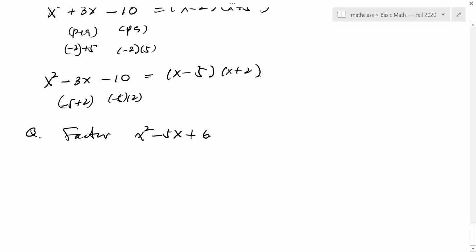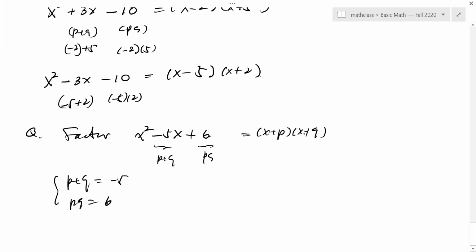You're trying to figure out the sum of these two numbers is going to be negative 5. The product of those two numbers should be equal to 6. So p plus q should be negative 5, and p times q should be 6. And then it'll be x plus p and x plus q. What are p and q?